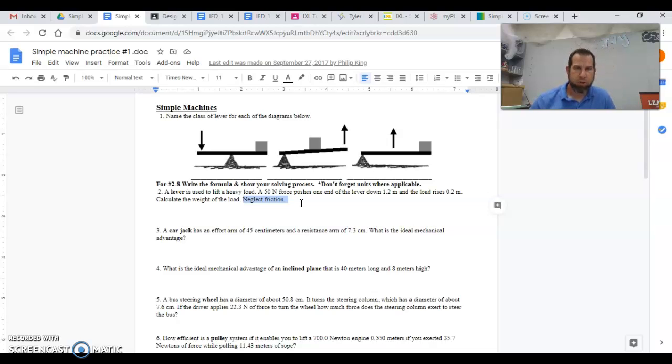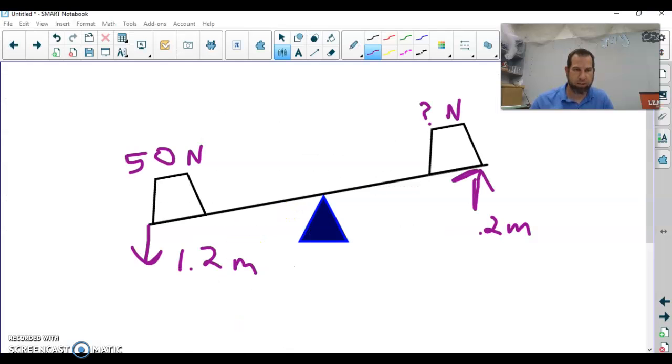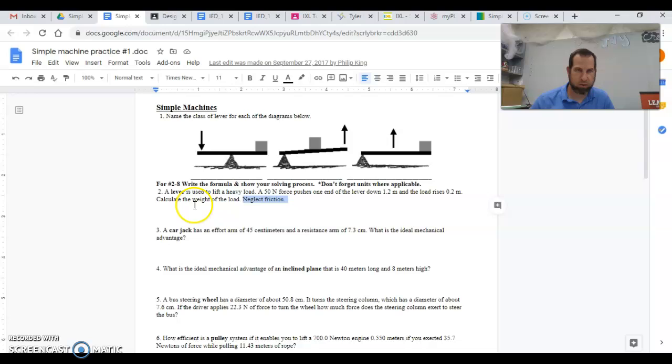So what I did first was draw a picture of the situation. We have a lever used to lift a heavy load, so I put it together like this. Here's the lever, here's the heavy load, here's the other load that's going up. Going back to the problem, the load pushes one end of the lever down 1.2 meters, and the load rises 0.2.